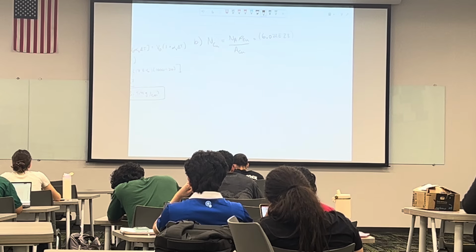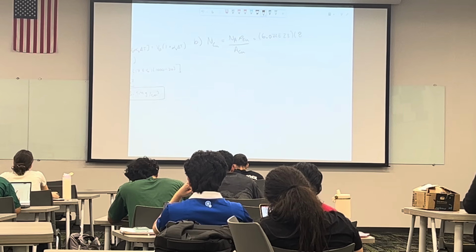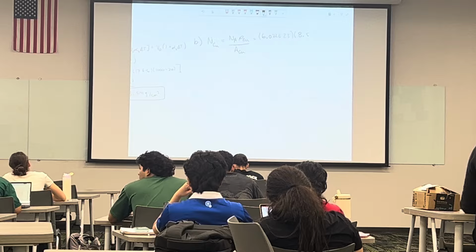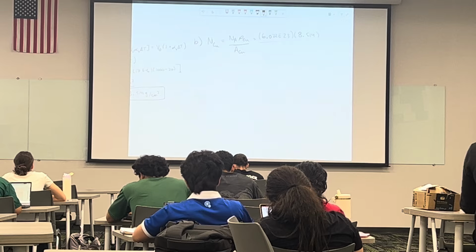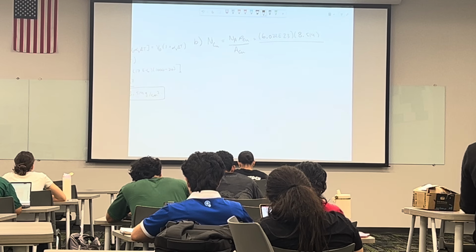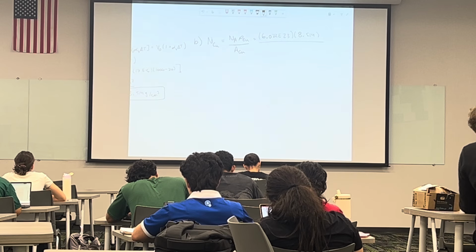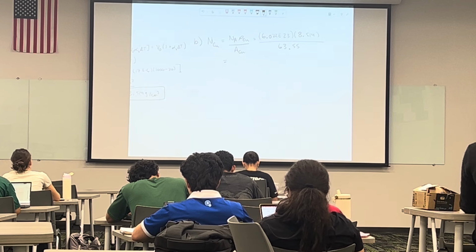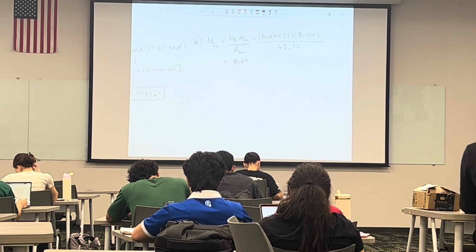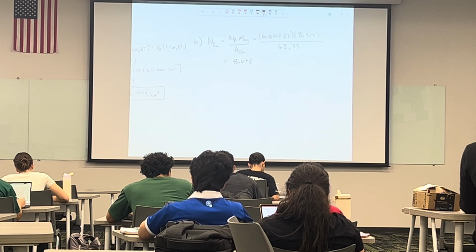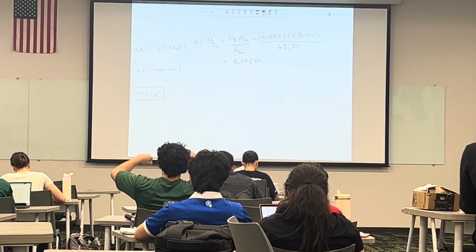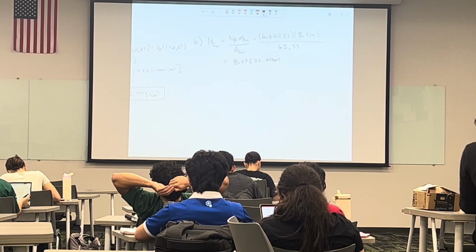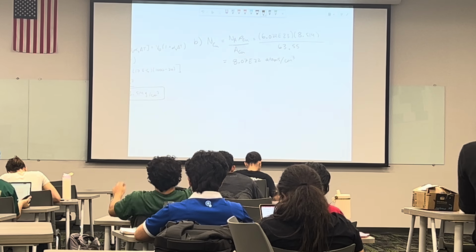We divide that by the density that we found in part A, which is 8.514, and multiply by that, divide that by the atomic weight of copper, which is 63.55. And you should end up with 8.07 times 10 to the 22 atoms per cubic centimeter.